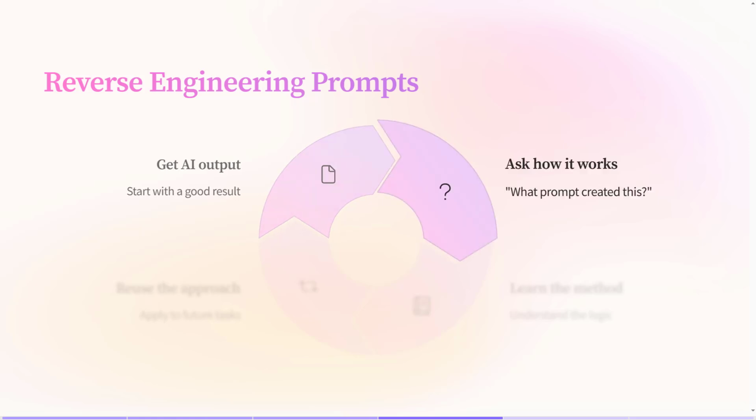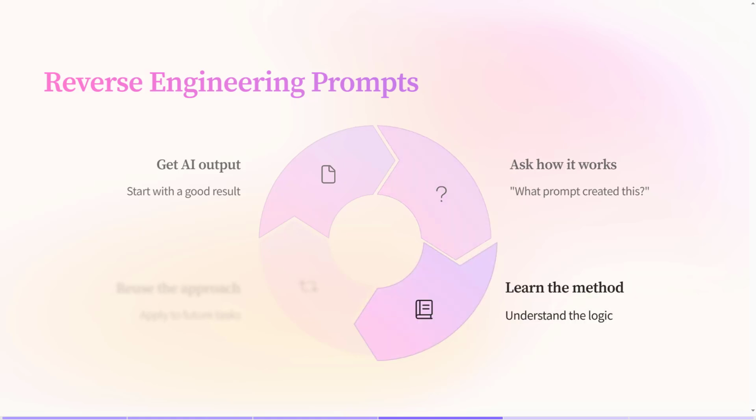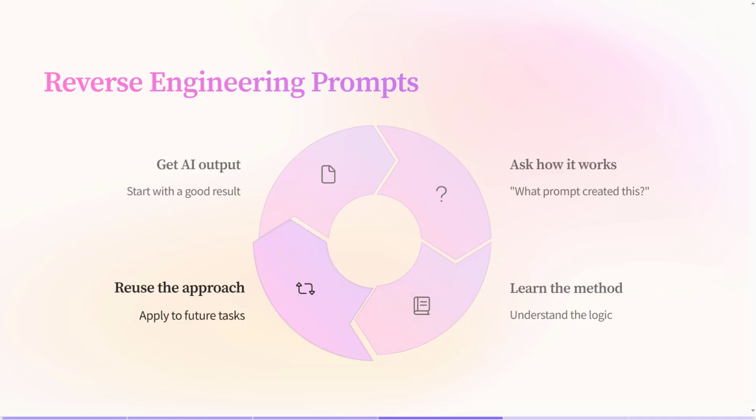So you essentially want to ask it how it worked, what prompt actually would have created this. It will also then help you to understand how AI works, how it gets from the prompt to the output. And then that will provide you with an approach to use for future tasks. So let's go back to our outputs and see if we can reverse engineer those prompts.